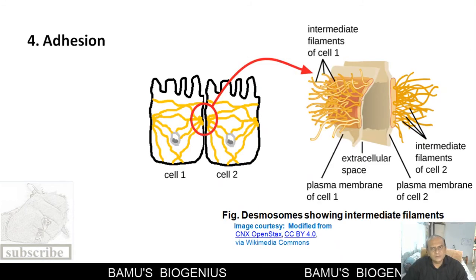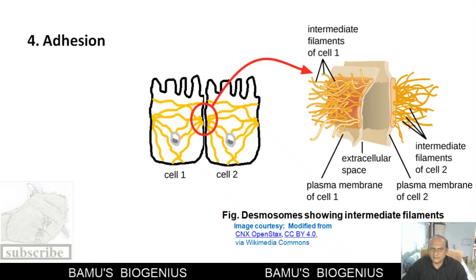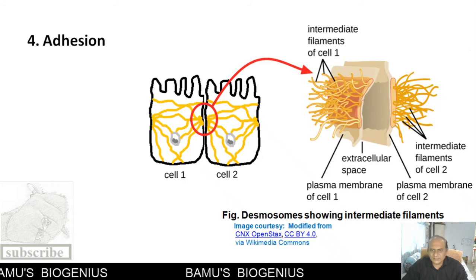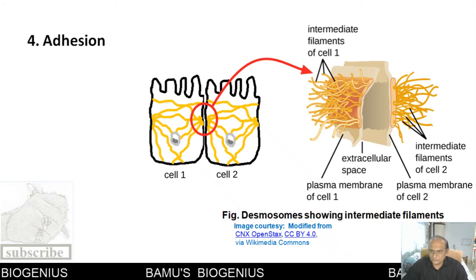Then the next one is adhesion. See, another function of intermediate filaments is adhesion between the cells. Now this is carried out with the help of desmosomes.